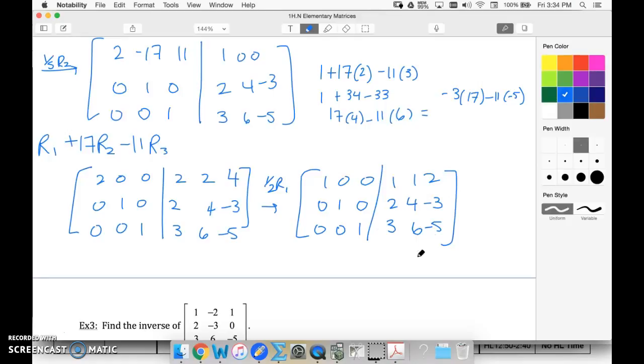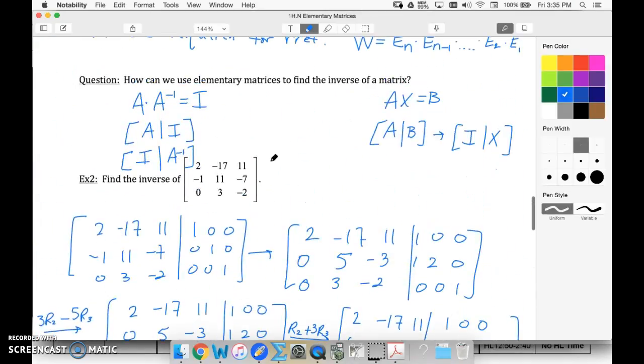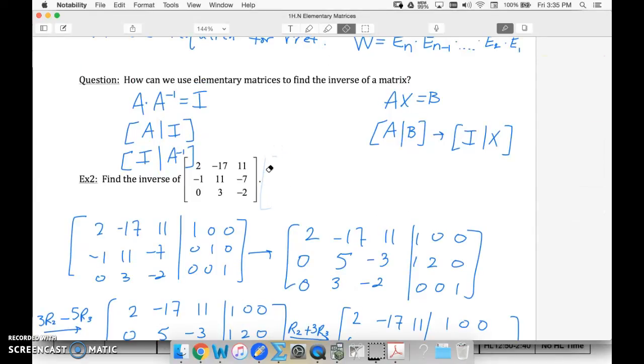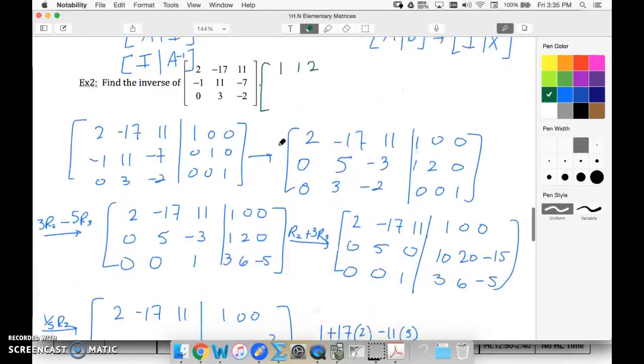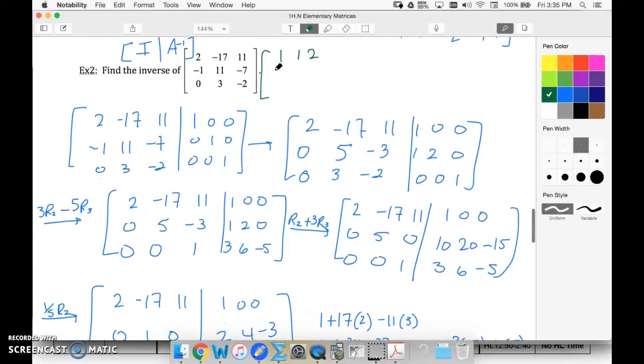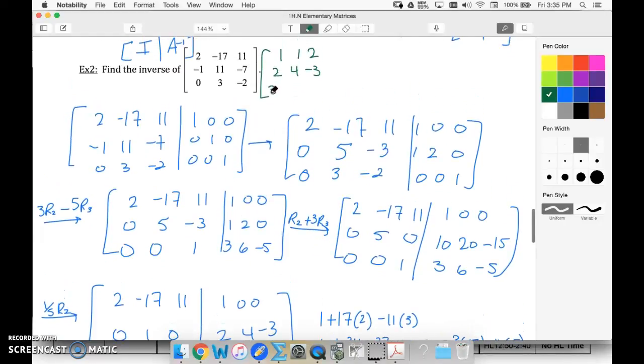You always want to go back and check that you ended up with the correct matrix for your A inverse. So let's test it out. I'm going to just put it right next to it, and actually I'm going to put it in a different color. So let's put A inverse here. We had 1, 1, 2, and then 2, 4, negative 3, 3, 6, negative 5. All right, hopefully when we multiply, we're going to end up with our identity matrix.